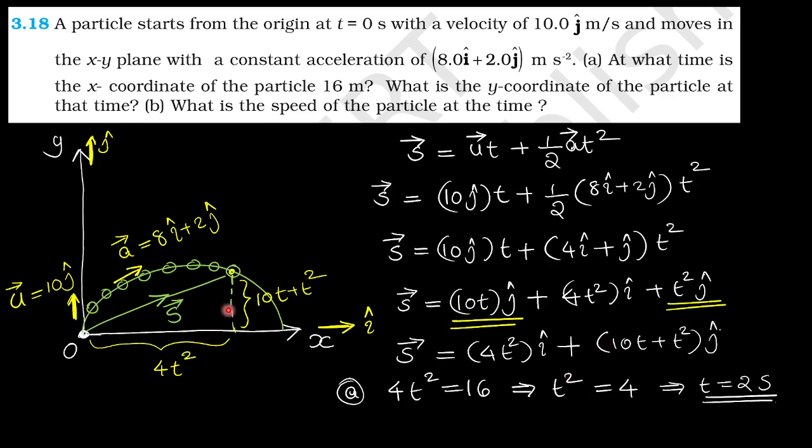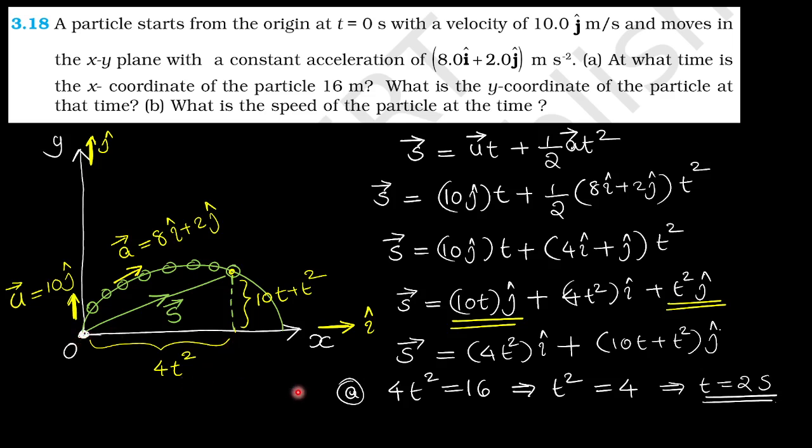The question says that at some point of time, this horizontal distance, the x coordinate, 4t square, is equal to 16 meter. X coordinate means 4t square, y coordinate means 10t plus t square.